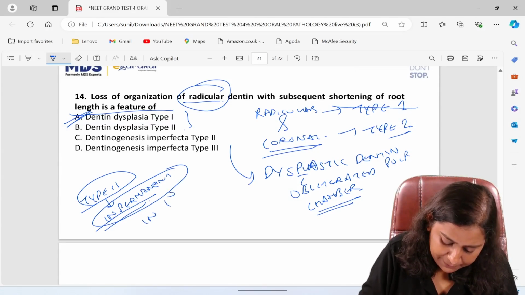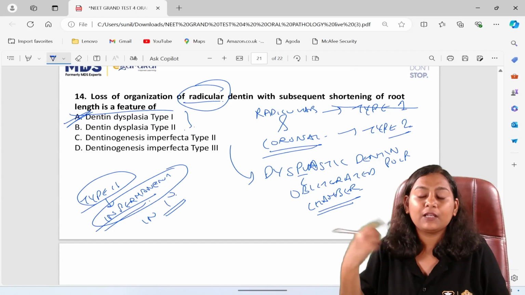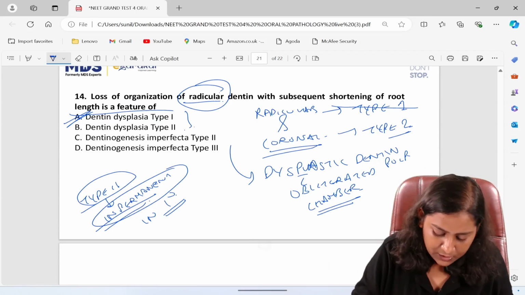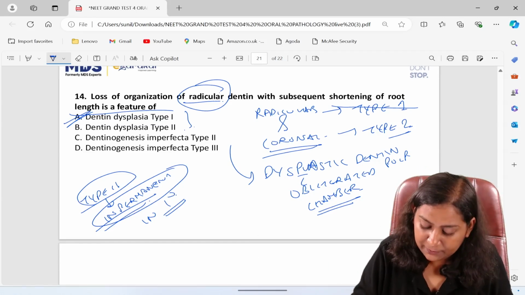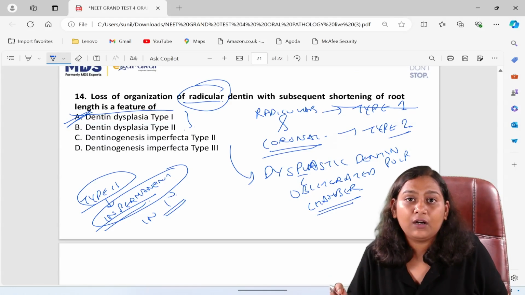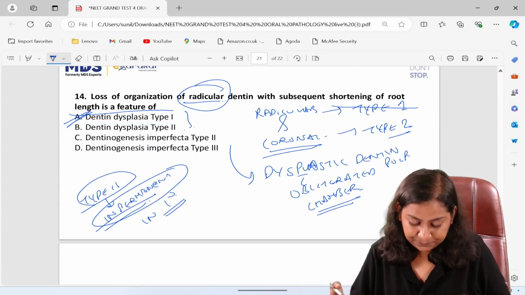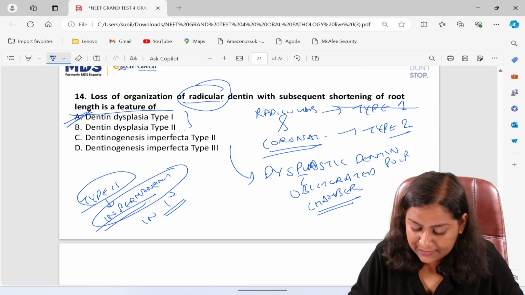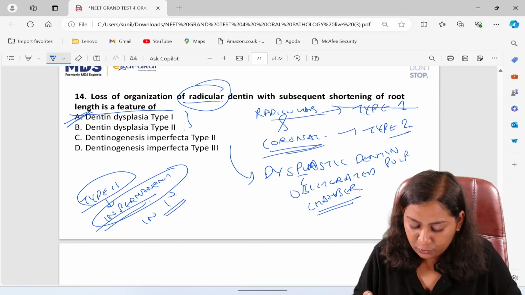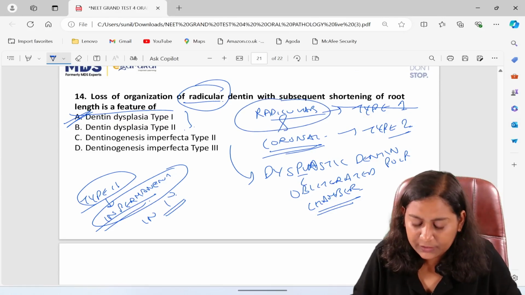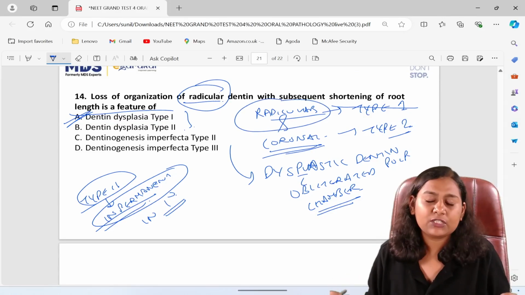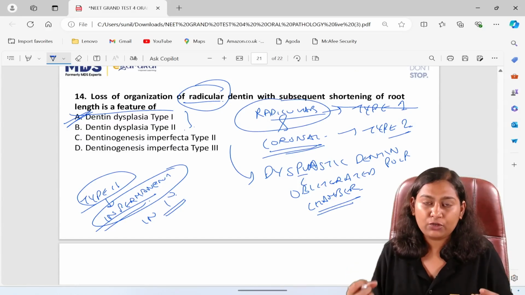But in primary dentition, it will be similar to the radicular type 1. Okay, so type 1 is radicular and type 2 is coronal. So what is radicular dentine dysplasia? Large dysplastic dentine is formed with obliteration of the pulp chamber.